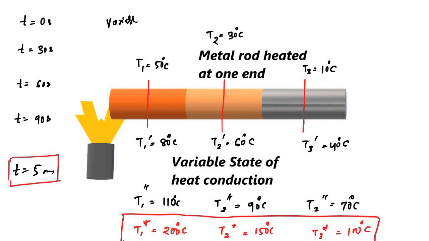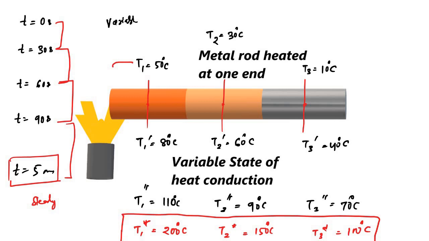So here if you see, the temperatures of these three different points are different. In the steady state also they are different, but they are not increasing with time. Whereas in these three readings that we took, from 0 to 30, from 30 to 60, and from 60 to 90, the temperature of each cross section of this metallic rod kept on increasing with time until we finally arrived at the steady state.